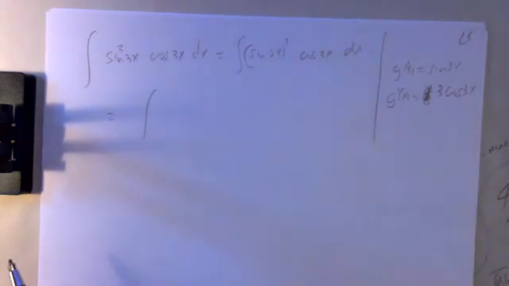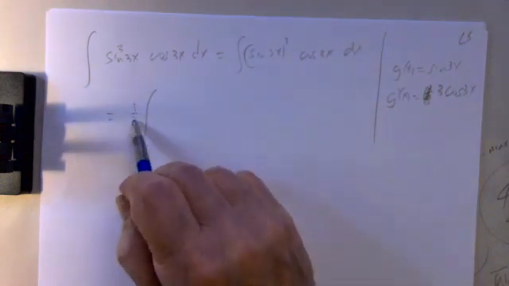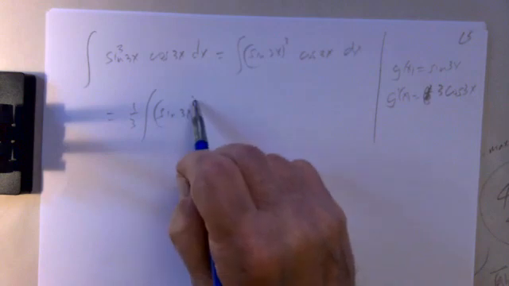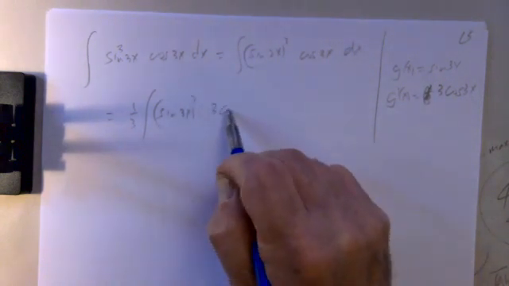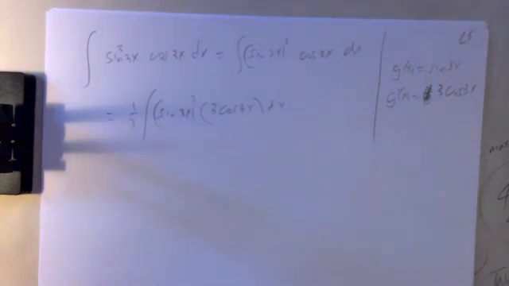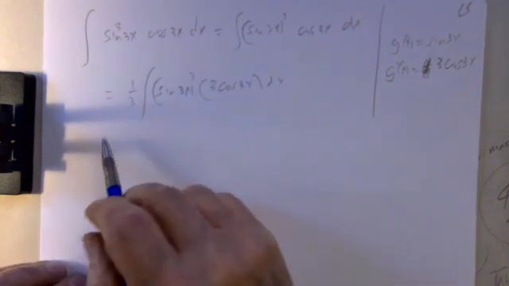So if I multiply and divide by 3, 1/3 sine of 3x cubed times 3 cosine 3x, because 1/3 times 3 is just 1, that's perfectly okay.